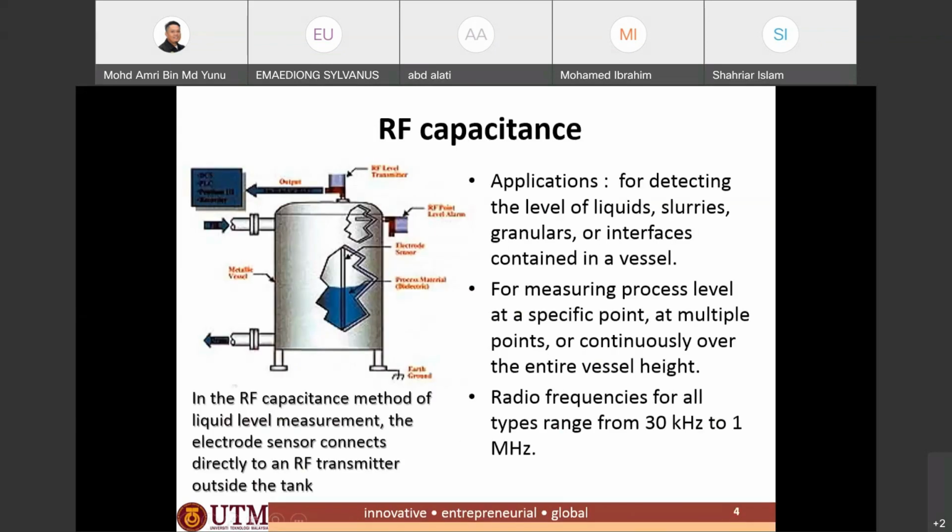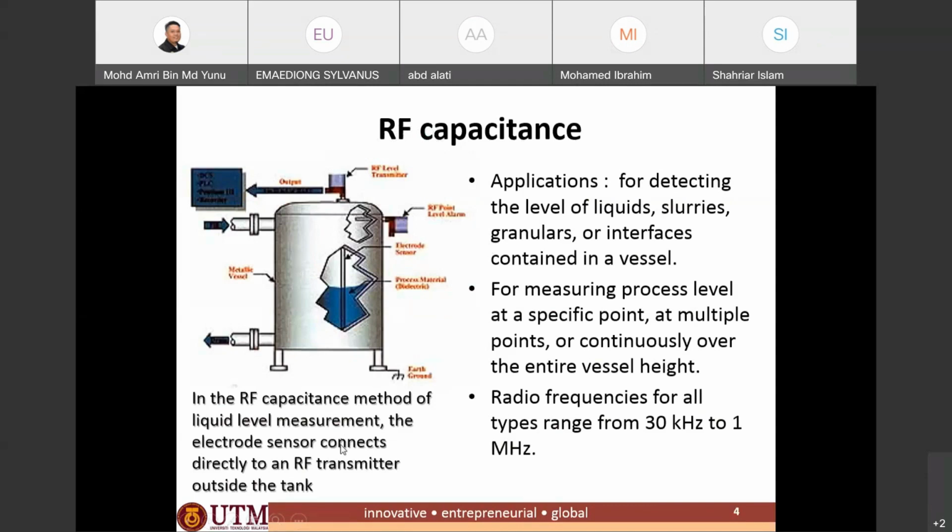First we look into the concept of RF capacitance. RF means radio frequency; the output is transmitted through a radio frequency, but mainly we will look into the concept of capacitance.